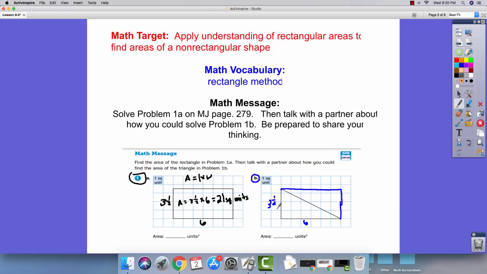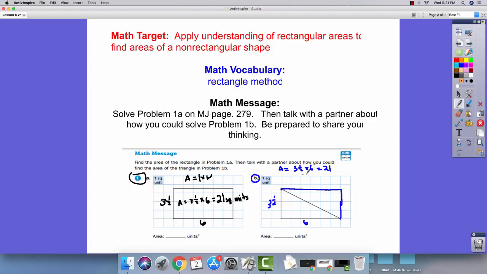Alright, so now that you have that, this is where it's going to be important to keep our work organized here. We know how to find the area of this rectangle. In fact, some of you are probably like, hey, we did this already over here. Exactly, we did. So the area of this rectangle was, we can say, area of that rectangle, A equals 3.5 times 6, and we knew that was 21.